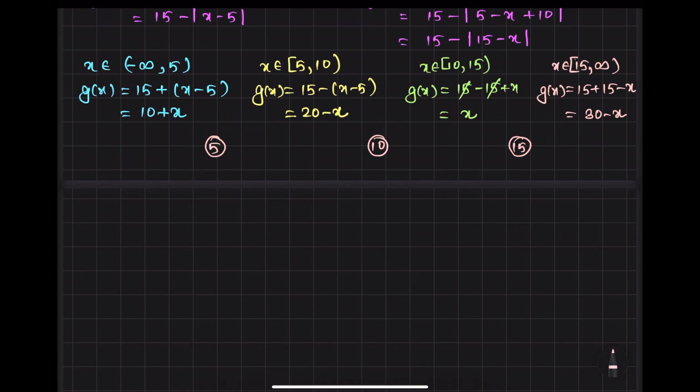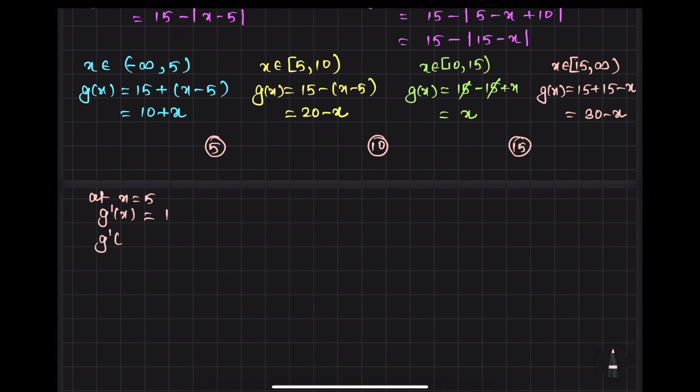Now I will find its differentiability at x equals 5. So g dash x will become what? Differentiation of 10 is 0, differentiation of x is 1.